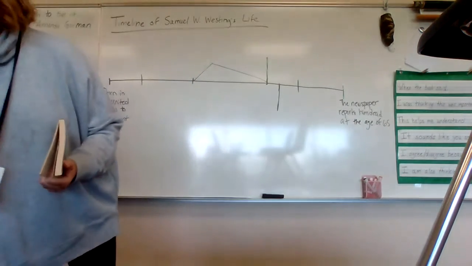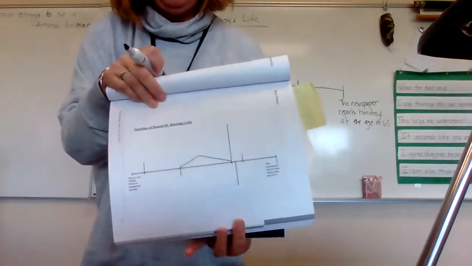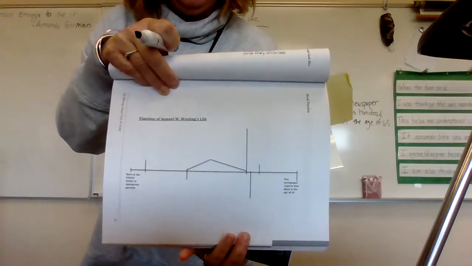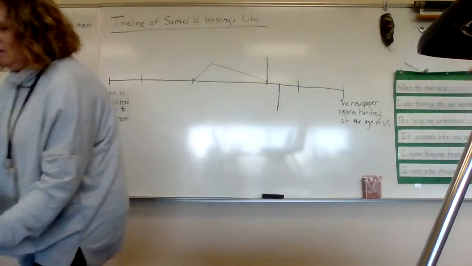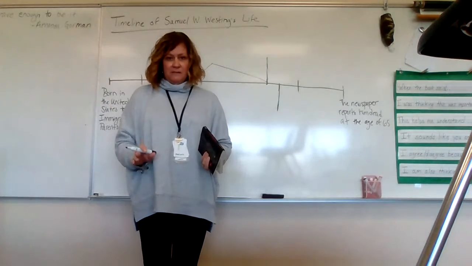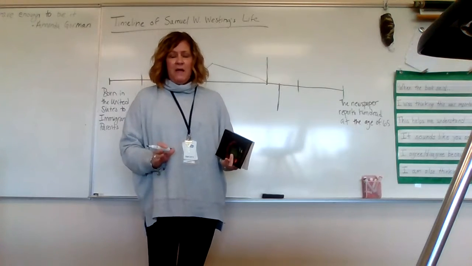And we also then had a worksheet that had a timeline that looked like this. And we had started to fill in some of the important events in Sam Westing's life on that timeline.